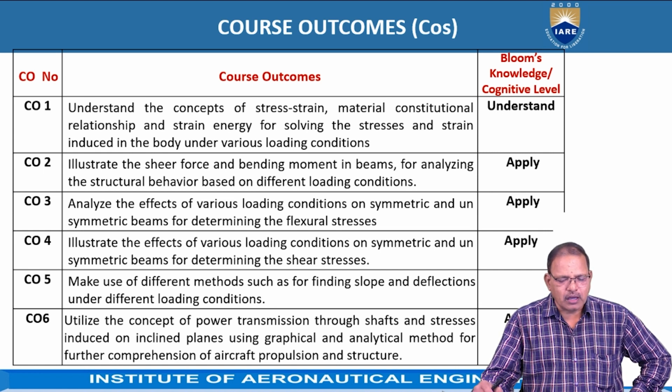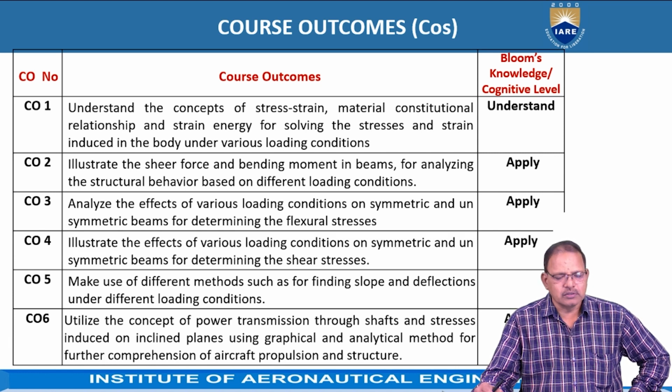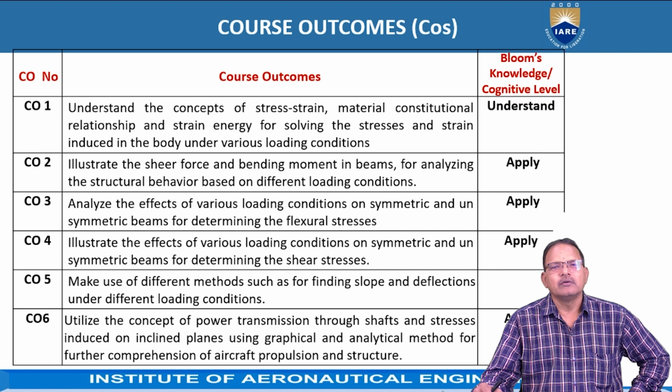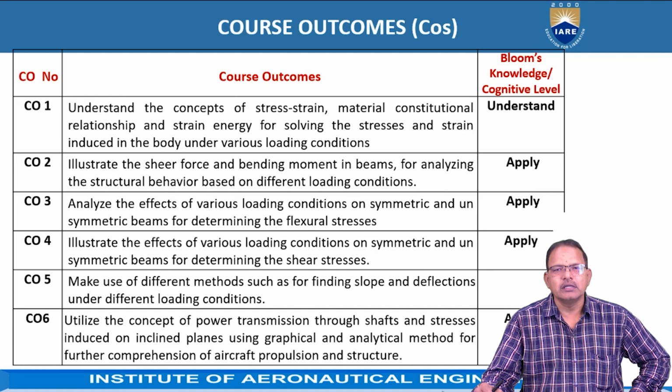CO3: analyze the effects of various loading conditions on symmetric and unsymmetric beams for determining flexural stresses. Course outcome 4: illustrate the effects of various loading conditions on symmetric and unsymmetric beams for determining the shear stresses. CO5: make use of different methods for finding slope and deflections under different loading conditions.